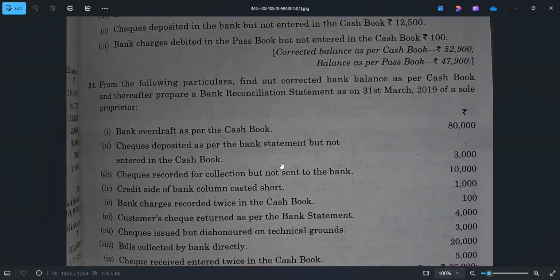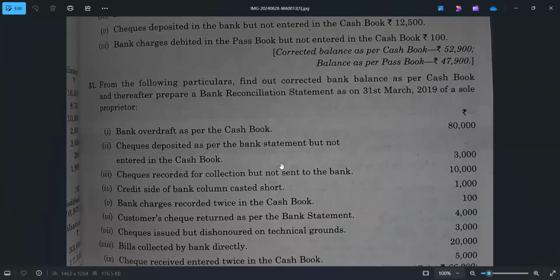Now, bank overdraft as per cash book is given, which means it is a negative balance of cash book. So you can say credit balance as per cash book is given. But in the question, it is already said that there is some mistake, due to which we have to calculate corrected bank balance as per cash book.